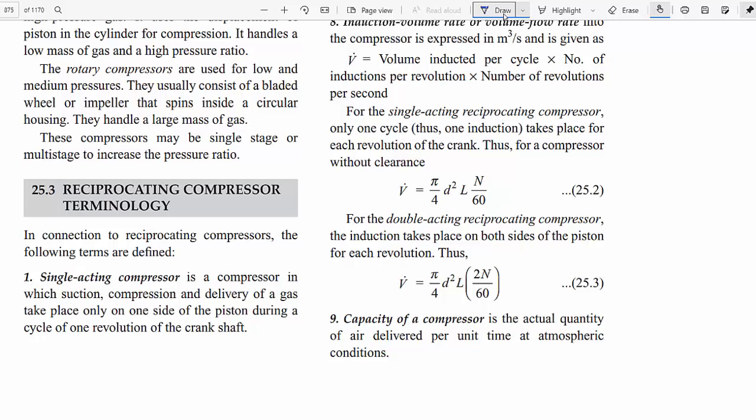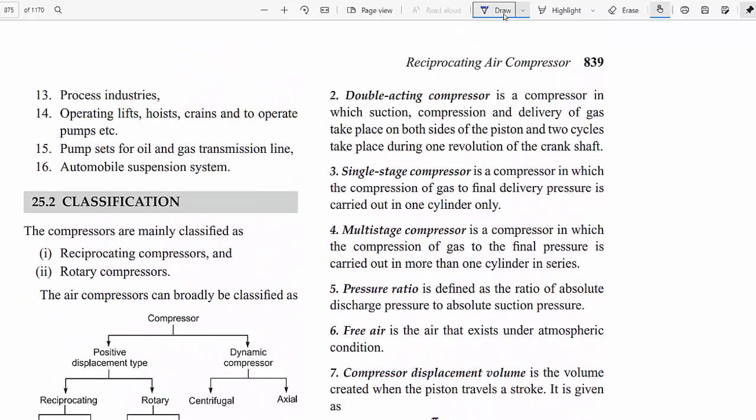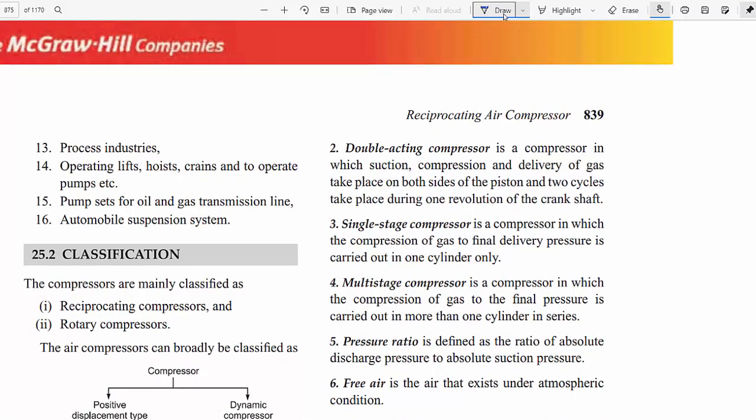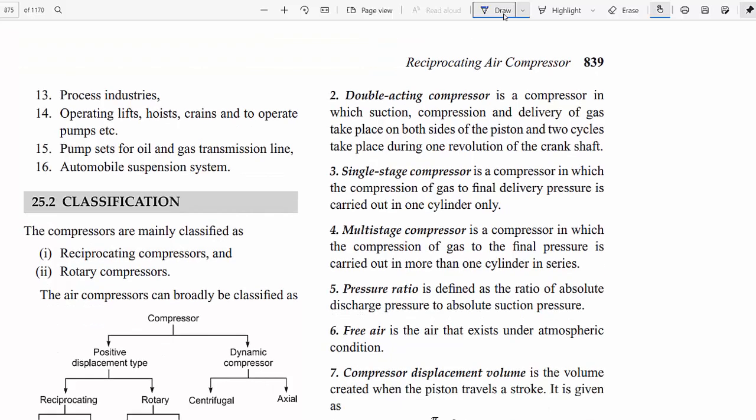Here you understand, a single acting compressor sucks the air from only one direction. Then a double acting compressor sucks the air on two sides of the piston. I will explain those two concepts with a neat diagram later.